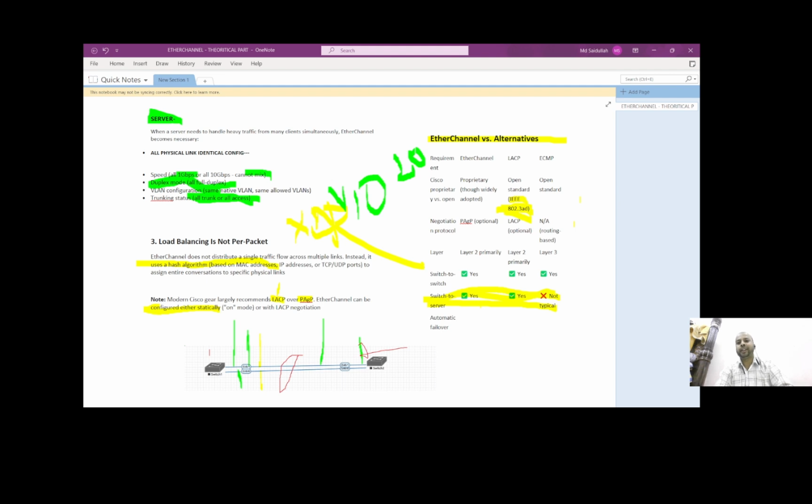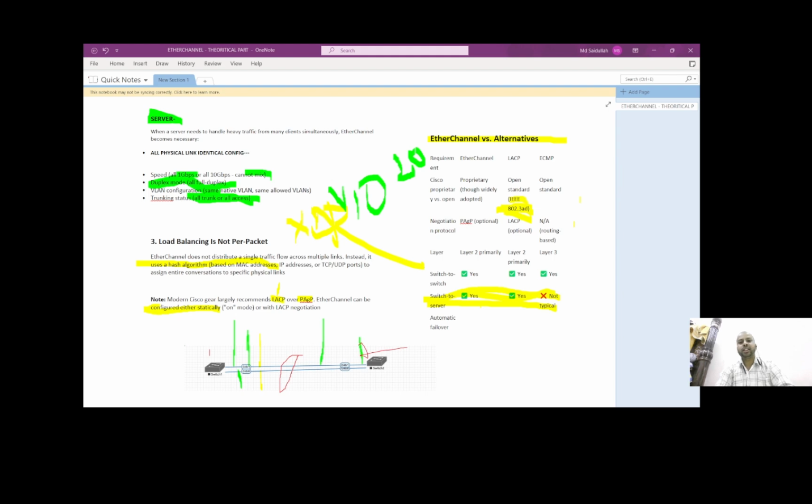Okay, EtherChannel alternatives. What will be the alternative? In layer 3 ECMP and in layer 2 it is LACP. You know, there are two types, PAgP and LACP. PAgP is Cisco proprietary and LACP is the open standard.